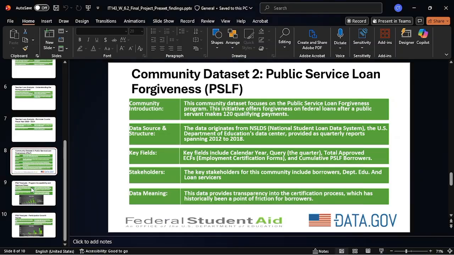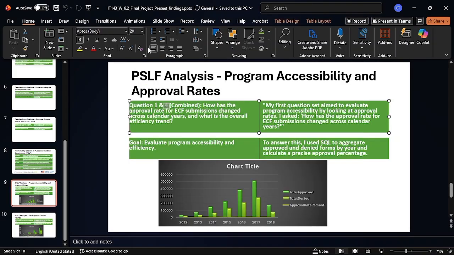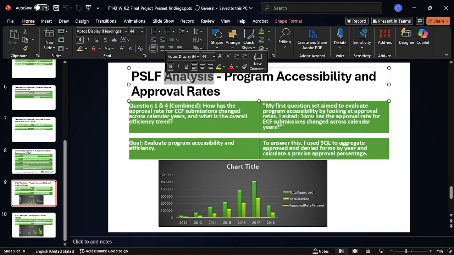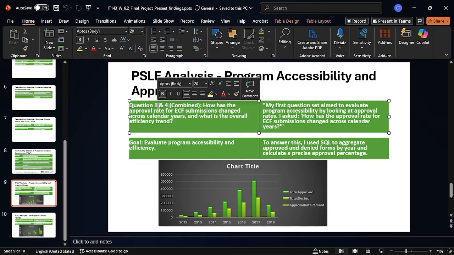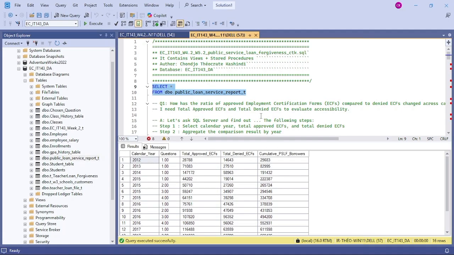Our first question, for this first analysis, program accessibility and approval rates. I combined question number 1 and question 4, so I will explain why.